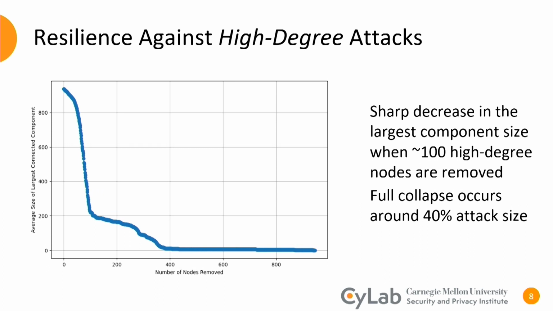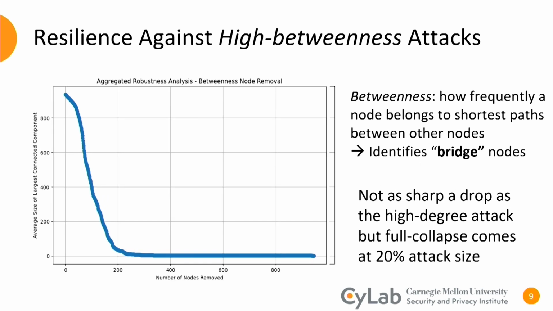The robustness seems to be not as good. You see a relatively sharp decline here at about 100 nodes removed from the system. The remaining 900 are no longer connected. The largest connected component among them is about 200 nodes. I'll show this figure again when we talk about the three different attack modes.